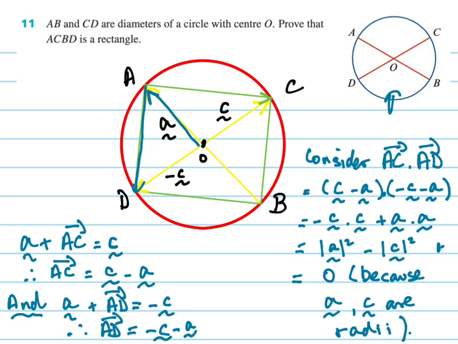So we've proved really that AD is perpendicular to AC. I think what you should probably do is practice that for DB and CB, and then you'll have proved that ACBD is indeed a rectangle.